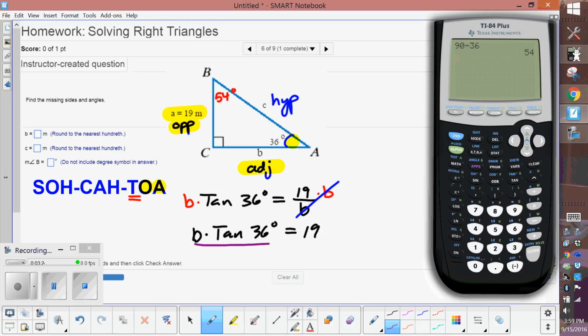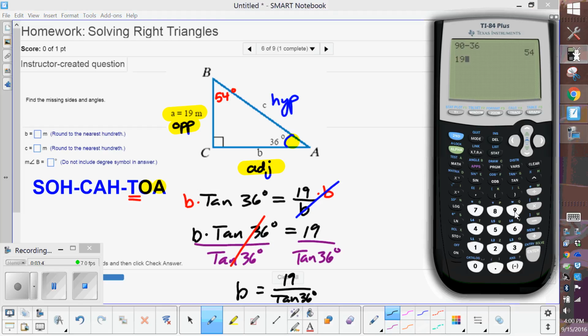I will go ahead and divide by the tangent of 36 degrees. And then b is by itself. b equals 19 divided by the tangent of 36 degrees. And I'll use my calculator to find the answer. 19 divided by the tangent of 36, and I'll go ahead and close my parentheses. There's my answer for little b.